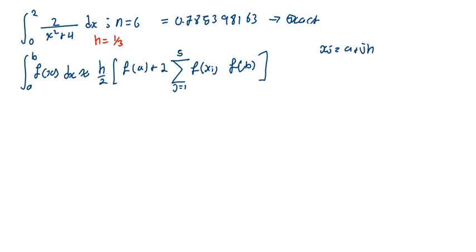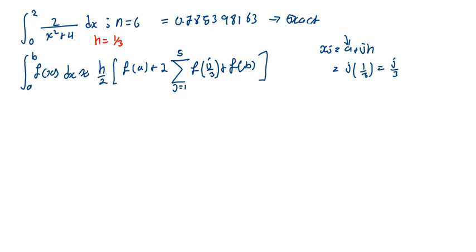Our a is 0, so it simply means j multiplied by h. Our h is 1 over 3, so this is simply j over 3. That is our x sub j. So we can substitute it here and put f of j over 3, and we have a plus here like this.